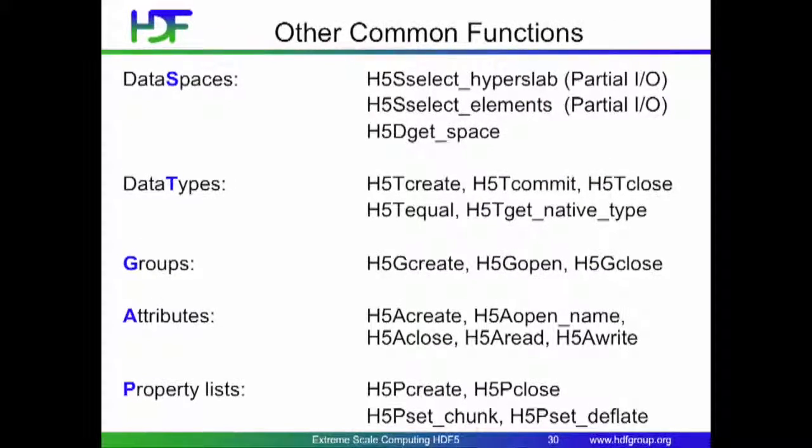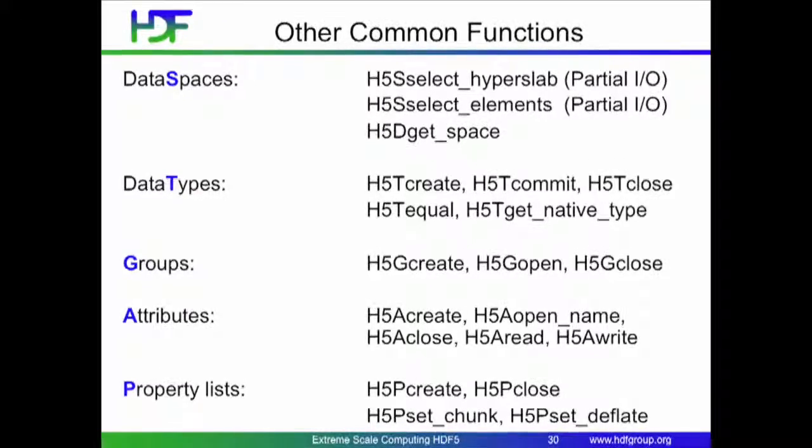For data spaces, common functions you would use are hyperslab or select elements, and I'll discuss those later. And you can also get information about what the data spaces are. Data types describe what data you're writing into the data set. Groups: if you want to create groups in your file to organize your data, you can do that using the H5G functions.